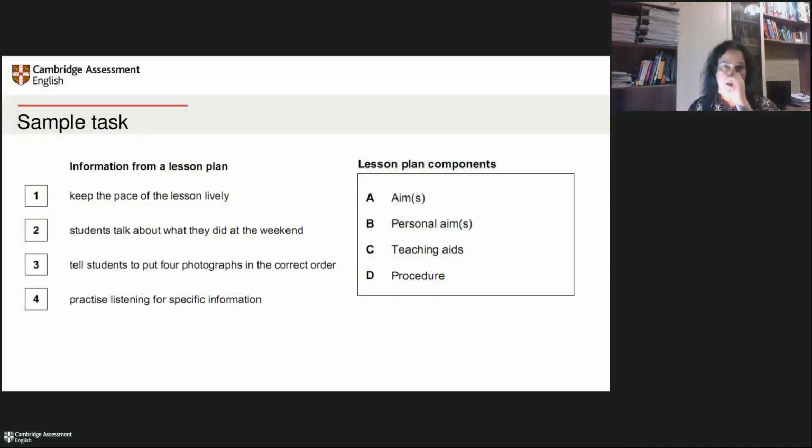Okay, let's move on. One more sample task. Take like 10 seconds or something, read, and then start sharing your ideas. So we are matching here the lesson plan extracts to the components.